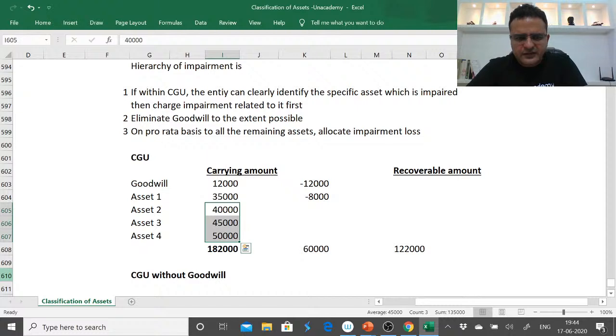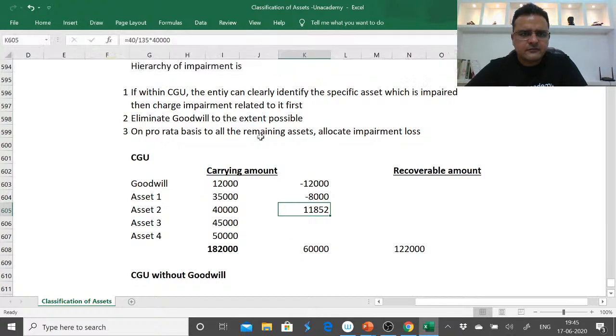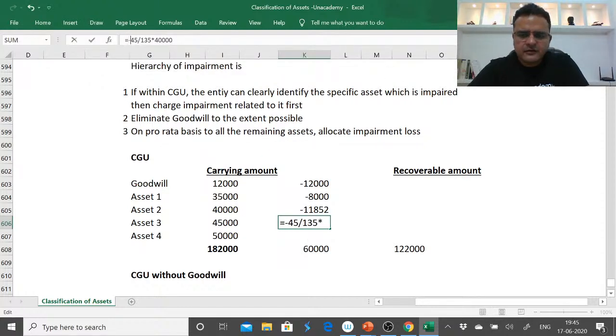So total of these three assets is equal to 135. So 40 divided by 135 into 40,000 is the impairment loss charged to this asset. Forty-five divided by 135 into 40,000 is charged to this asset. And 50 divided by 135 into 40,000 is charged to the third asset.